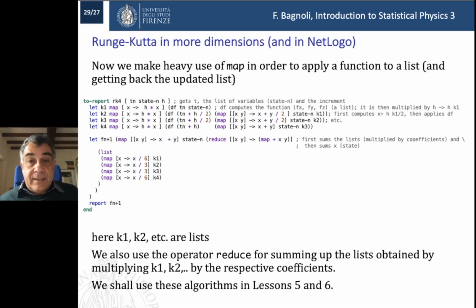Then this gives me a list of derivatives, and I have to multiply them by h, which is delta t, and I use the map in order to apply this function. So x, which is one of the elements of this list, goes into h times x.